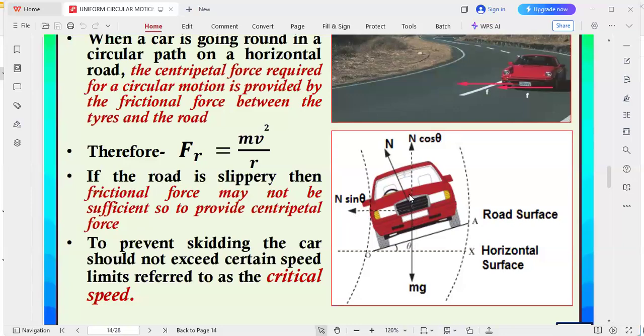And then we have reaction, which is N. But since N is not in the correct position, we do what we call resolution of forces. To resolve a force means to change its position to a different position. So we resolve the reaction force from this position to the vertical position. So it becomes N cos theta. So this is reaction. This is centripetal force, then action.